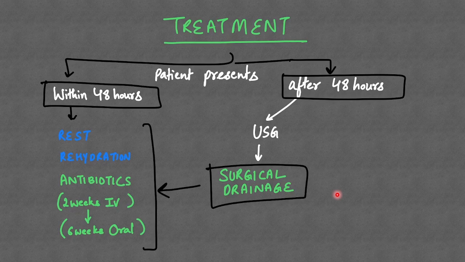But if it is inside the bone, then the procedure involves drilling of the bone to decompress it. By decompression here we mean that we form a way by drilling through which the pus will come out. And even after drainage, treatment remains the same. We have to give antibiotics for 2 weeks intravenously followed by 6 weeks orally.